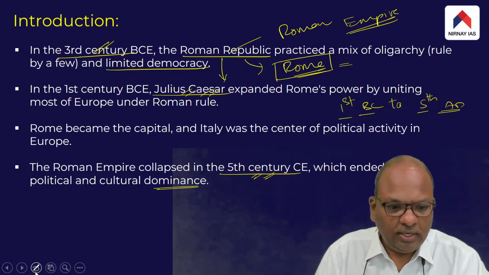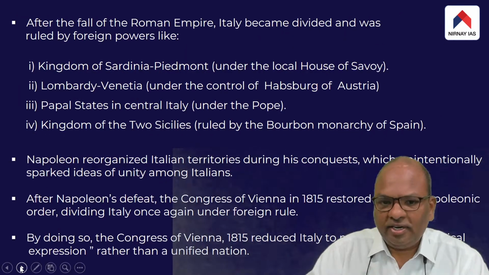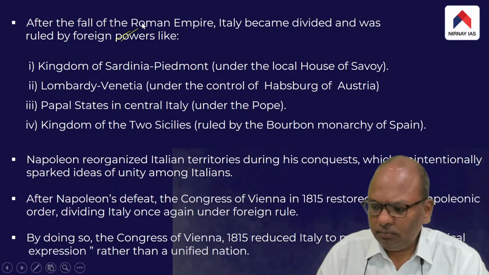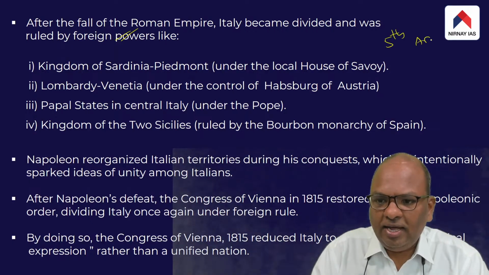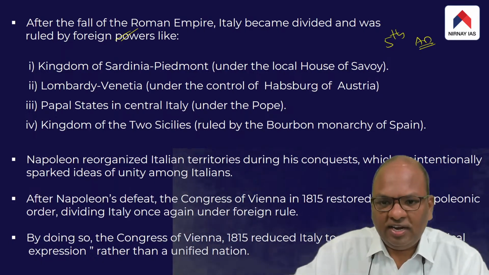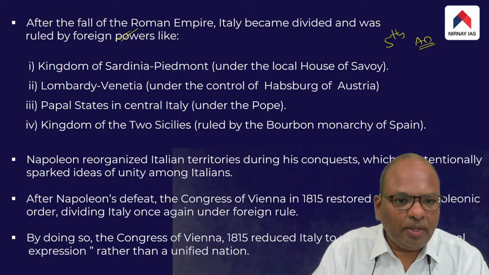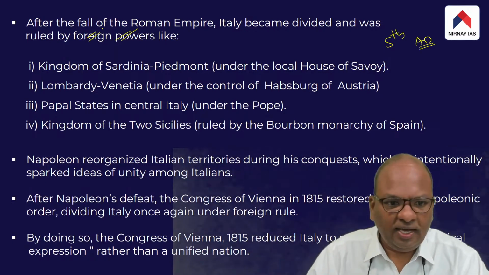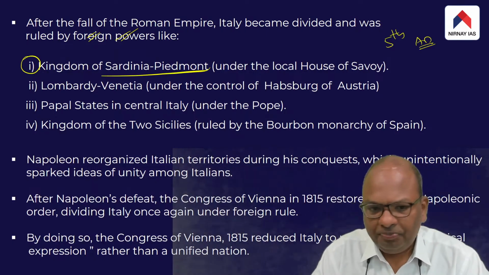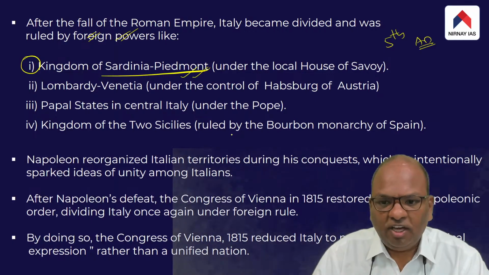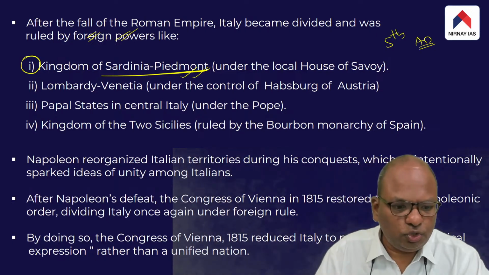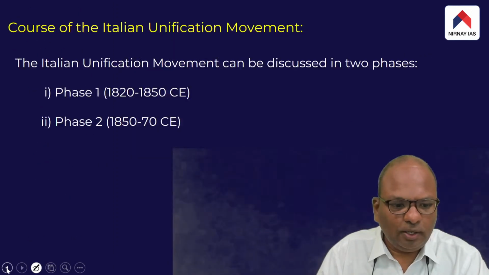Afterwards, Italy was divided into many parts and came to be ruled by many foreign powers. From the 5th century AD onwards, the Italian speaking territories were virtually divided and ruled by many foreign powers. Take a look at this map of Italy.